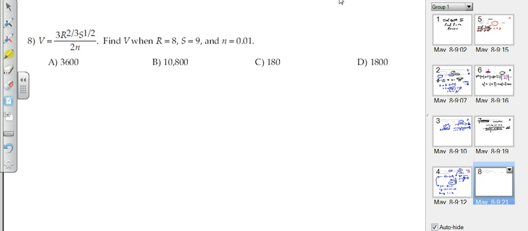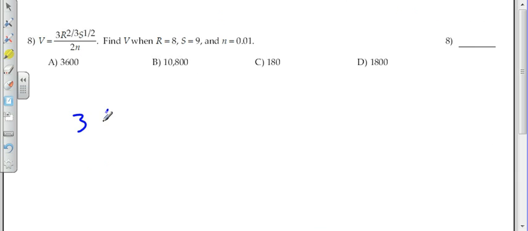Well, let's see now. I want to take 3 times r squared, which is 64, but it's not r squared. It's r to the 2/3, so it's really the cube root of 8, which is 2, squared, which is 4.